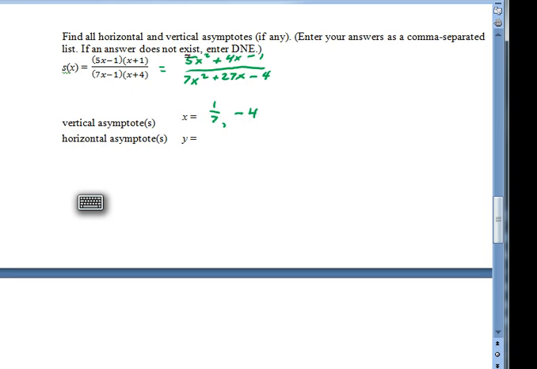What's important here is that the degrees are the same. The quotient of the leading coefficients is the fraction 5/7. And you do want to be exact. Do not use a decimal approximation.